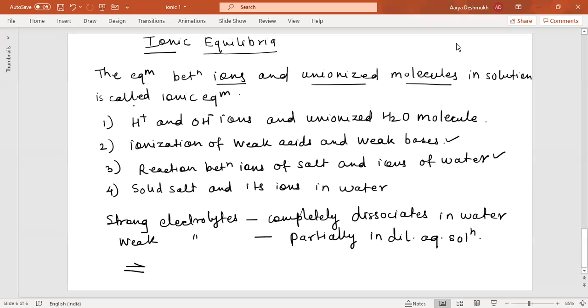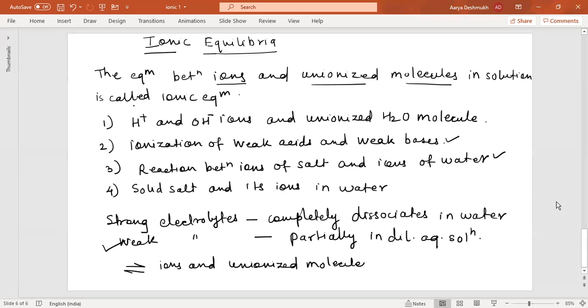When you represent the reaction in this way between the ions and non-ionized molecule, it means there is an establishment of the equilibrium between ions and unionized molecule. So ions and unionized molecule will appear if the electrolyte is a weak electrolyte. So we'll be more concerned about these weak electrolytes.